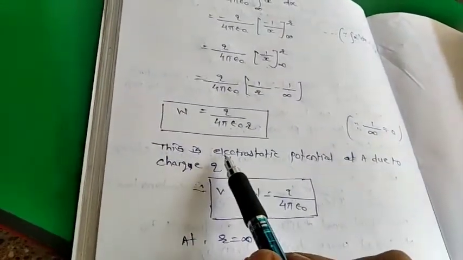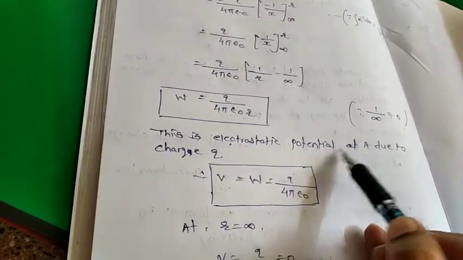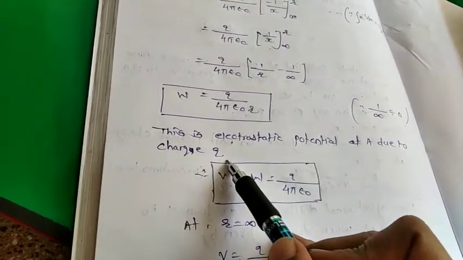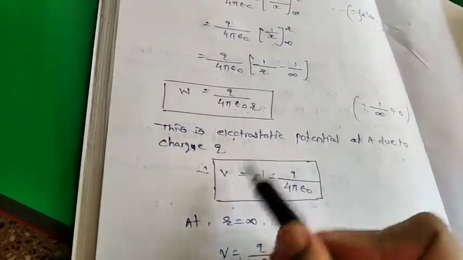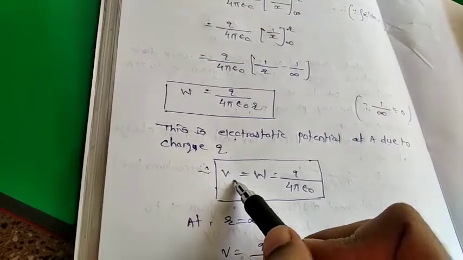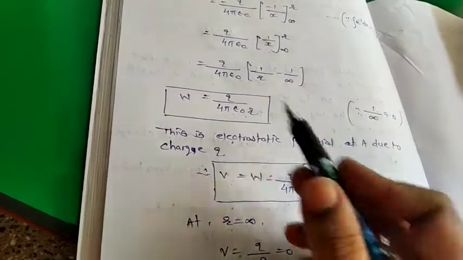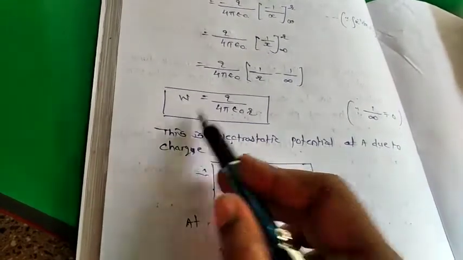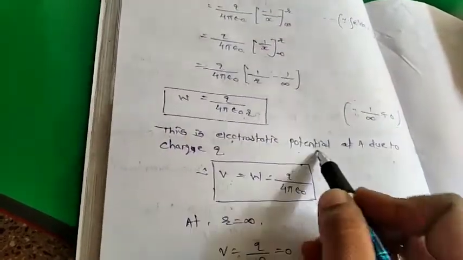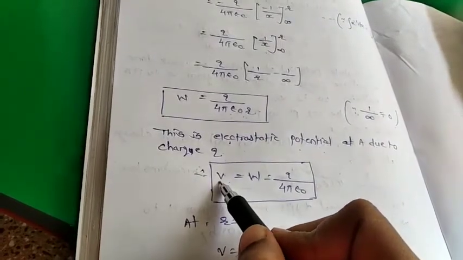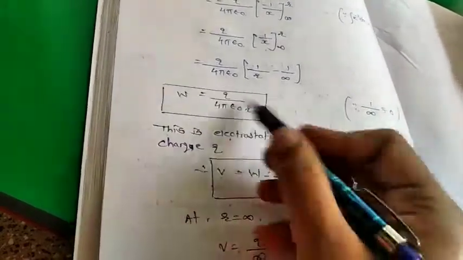This is nothing but the electrostatic potential at A due to charge q. So the work done in bringing the positive charge from infinity to point A is equal to the electrostatic potential.